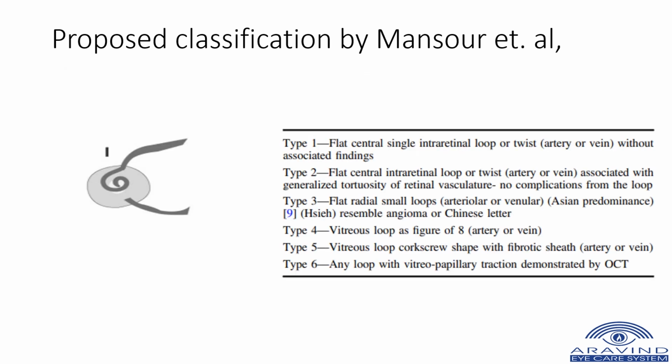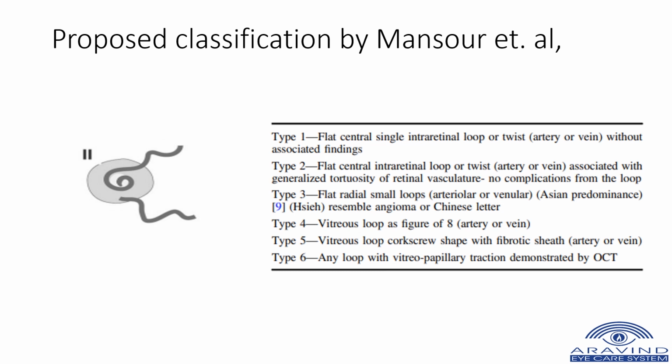Type 1 peripapillary vascular loop is a flat central single intraretinal loop or twist from the artery or vein without any associated retinal findings. Type 2 is again a flat central intraretinal loop or twist from either artery or vein associated with generalized tortuosity of retinal vasculature.